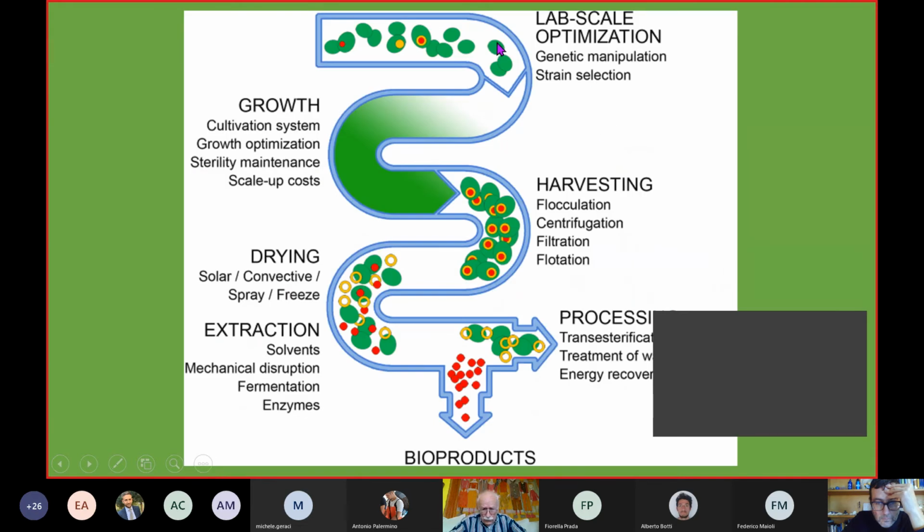Now, in each of these stages, you have economical consideration. You have to decide which of the algae you use, and there are tens of thousands of algae, and only about 10 species are already exploited, which means that there is still a lot of room for improvement.